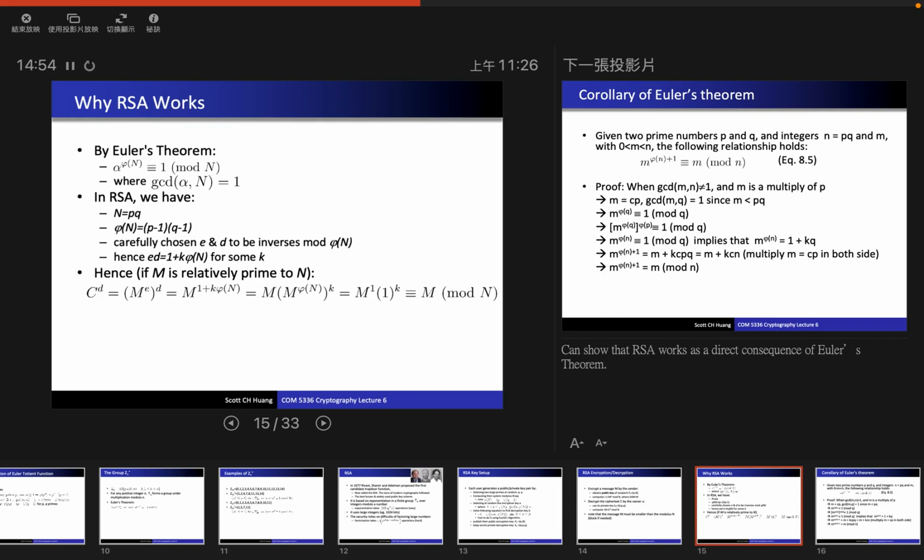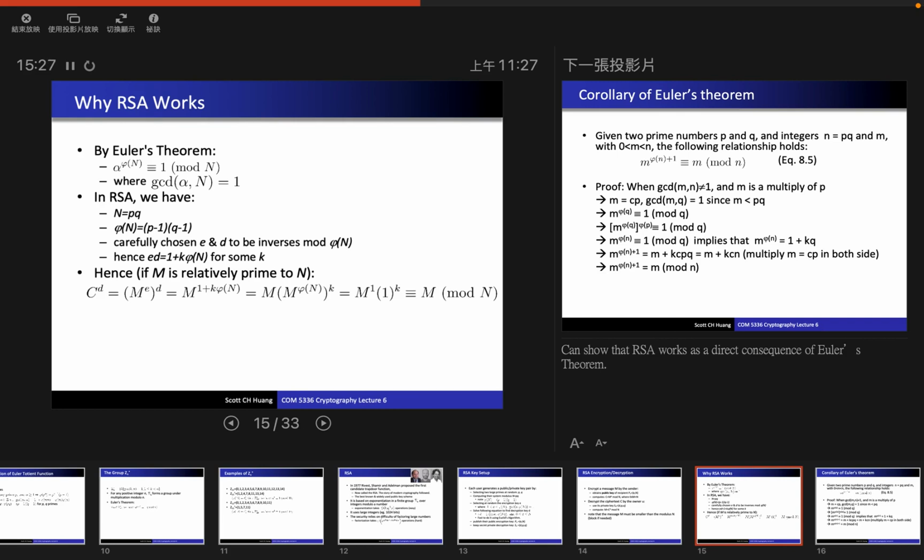The only thing that matters is the remainder. So if we choose E and D such that they're multiplicative inverses, they will have a reversing, canceling effect. Finally, you end up multiplying by the identity, so you get back to the plain text. That's why RSA works.